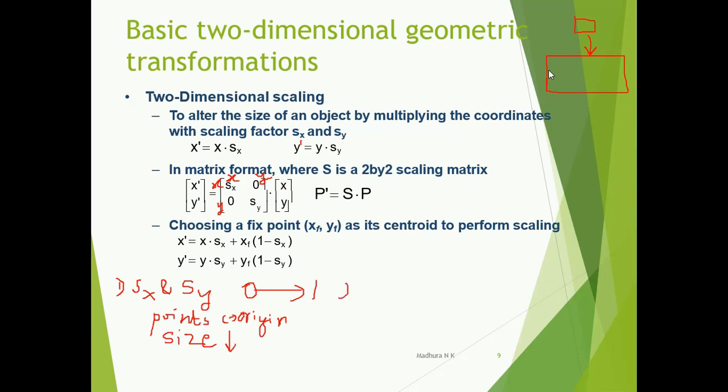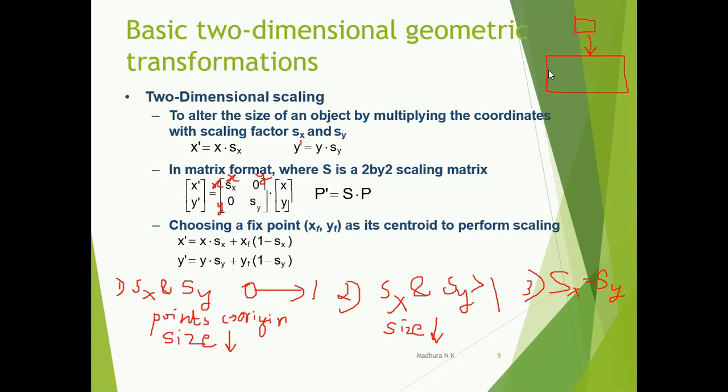The second case is when both sx and sy values are greater than 1. If it is greater than 1, then your points will be moving away from the origin, and the size of the object will increase in this case. And the third case is when both sx and sy values are equal.